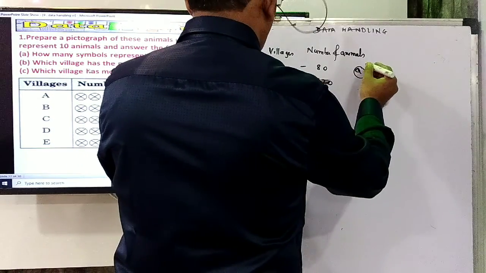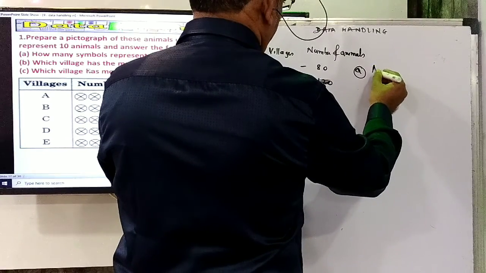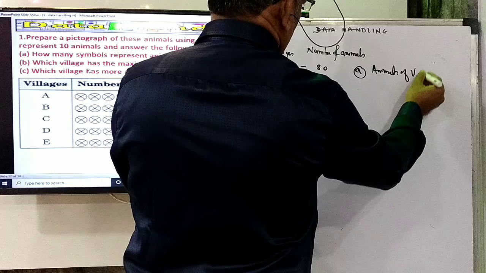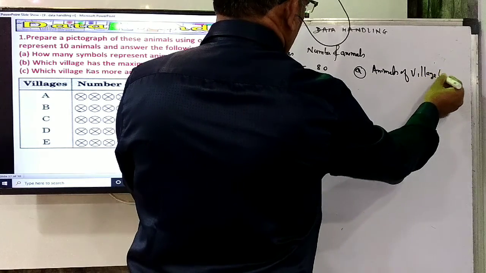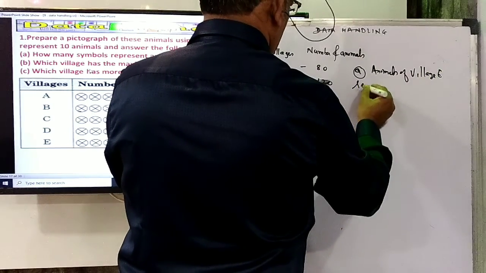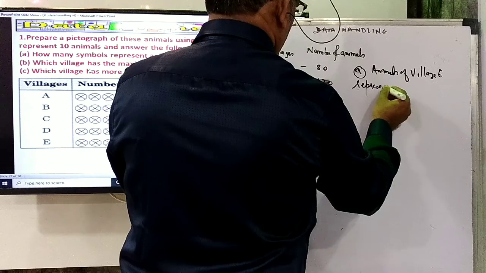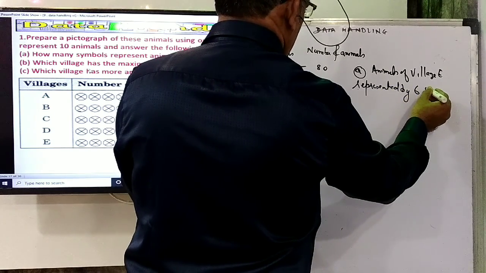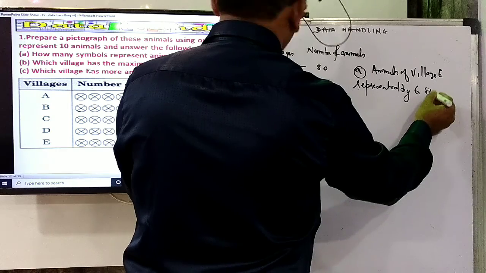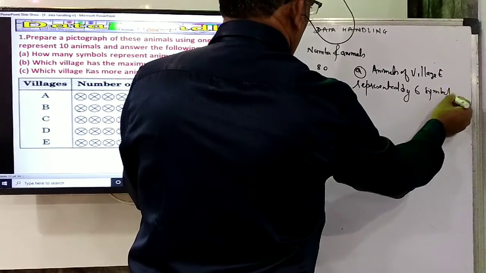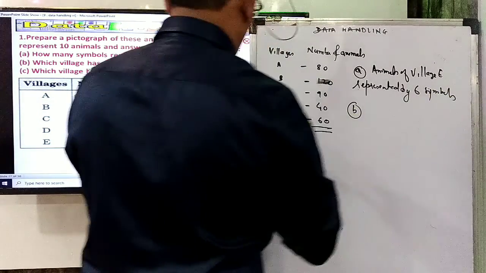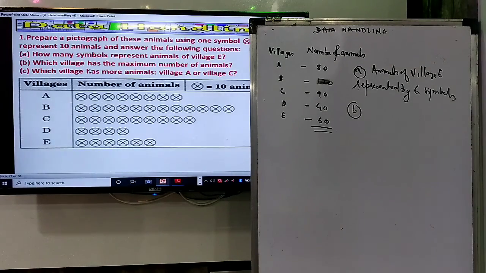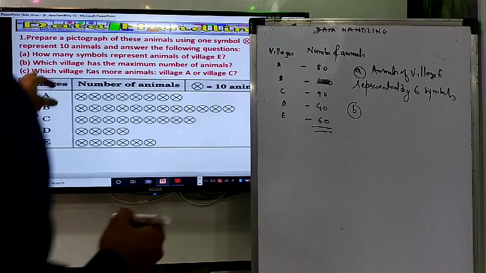So the animals of village E are represented by 6 symbols, because it consists of 60 animals.